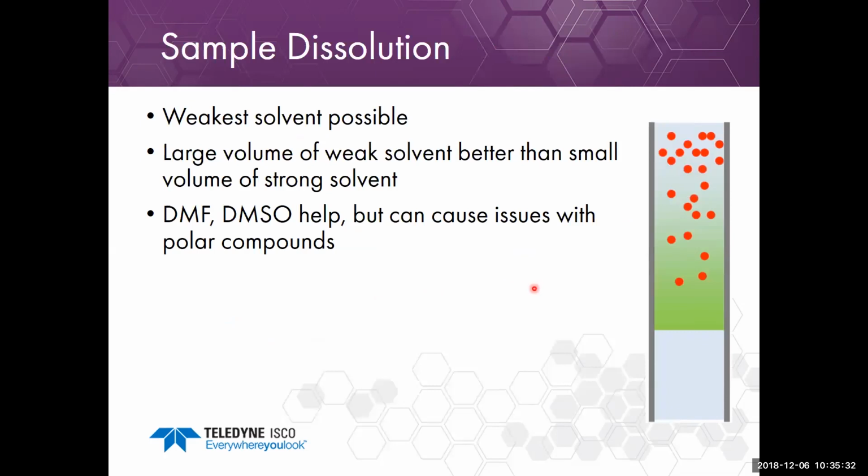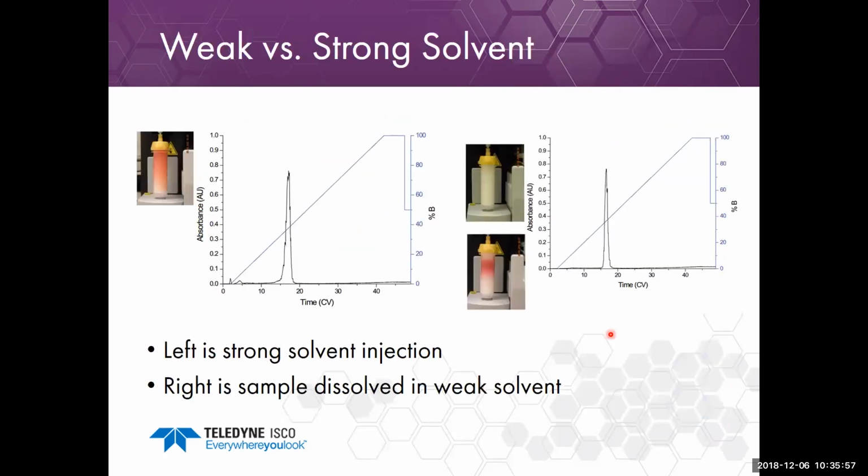The problem with injecting your sample in strong solvent, and some people will use, say, acetonitrile or methanol, is that the compound, because it's in the strong solvent, doesn't interact very much with the stationary phase. And so your sample gets pulled down the column instead of forming a nice tight band, as I will show you on a flash column.